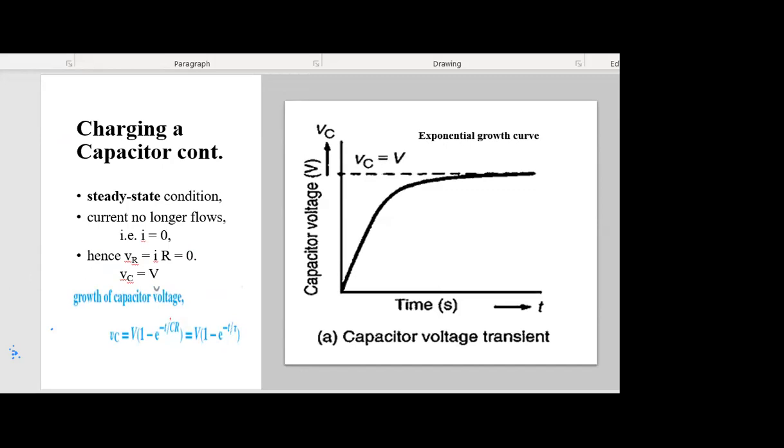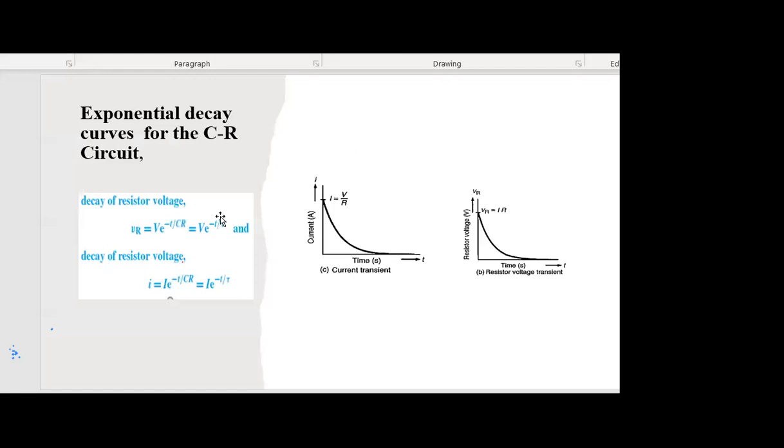So the equation will only depend on the voltage change over time. And the current will also depend on that, the change in current over time. The current reduces, it goes on dropping. So we've looked at that.